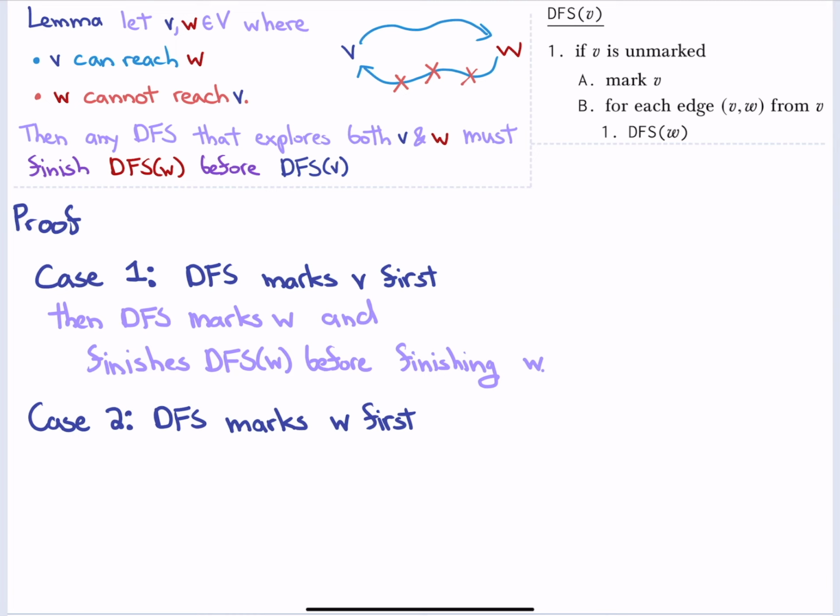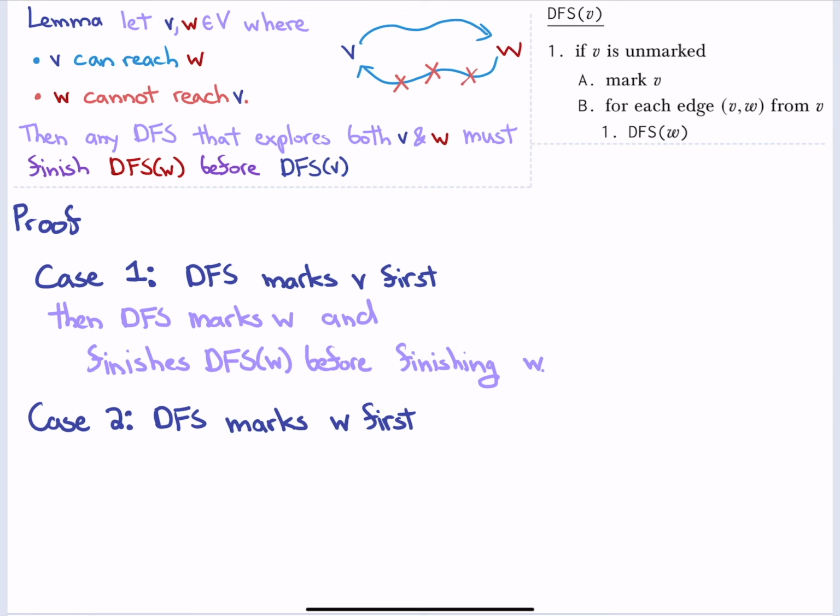So first it visits V. And the claim is that it will visit and exit W before it ends up exiting V. Okay, I think we're probably on the same page on two sides of the same coin. Good. All right, so, fine.